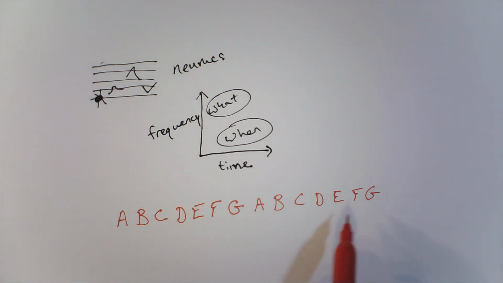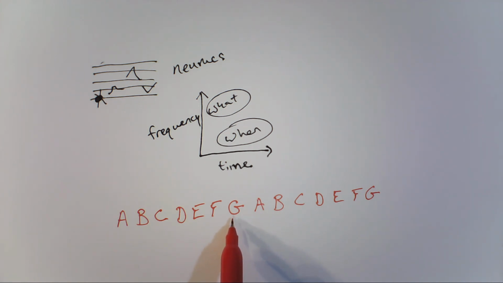So when you get to the beginning of an alphabet, if you want to keep going lower, you then jump backwards to G.